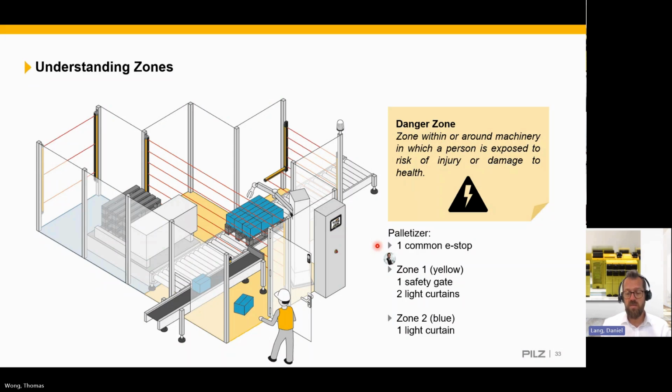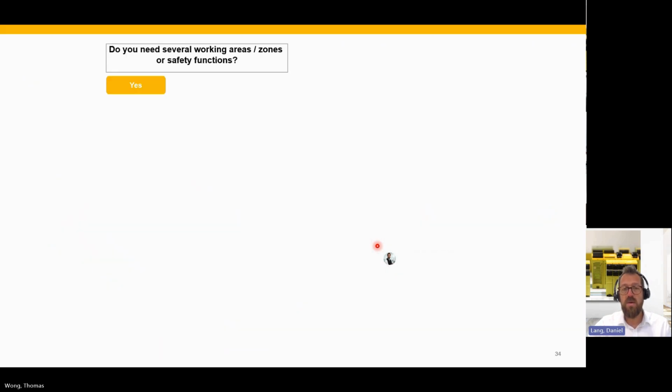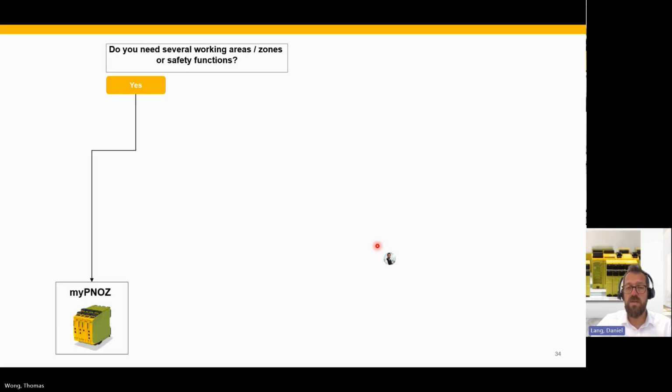And the OEE is much higher for a machine with several working areas than with only one. With this in mind, we can say now, if you have the need for several working areas or zones, then the best fit is the PNOZmulti, the myPNOZ system from Pilz.